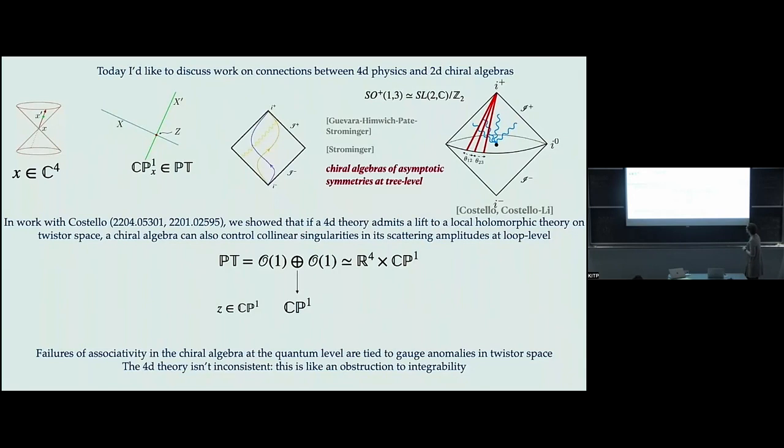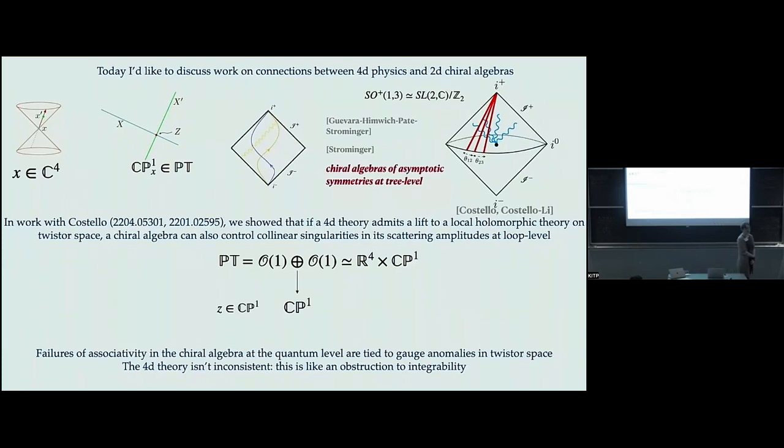One thing that we were able to show in work last year with Costello is that there's at least a sufficient condition for a well-behaved chiral algebra to persist at the quantum level, and this sufficient condition singles out only some very special theories, which you might anticipate because chiral algebras satisfy a lot of nice mathematical axioms that focus on their locality and associativity.